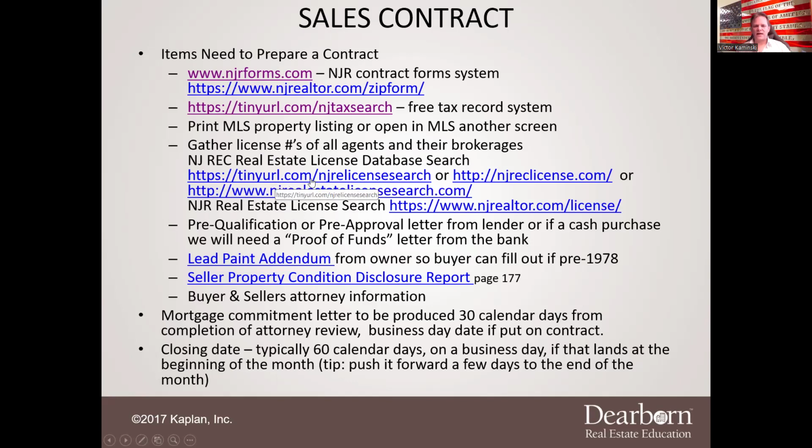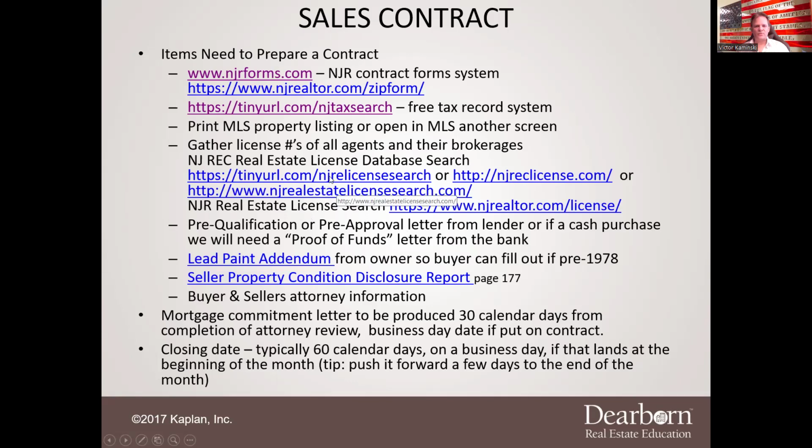That's tinyurl.com/NJRE license search. Or I just bought a domain name that points us to that, njreclicense.com or njrealestatelicensesearch.com. In any event, they all take you to the same place.